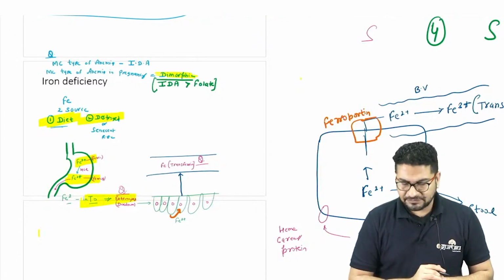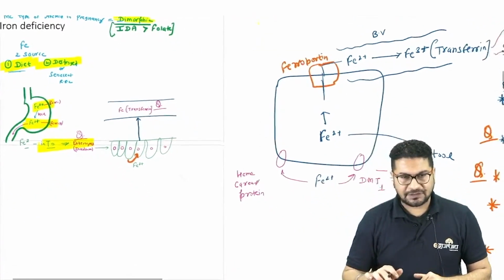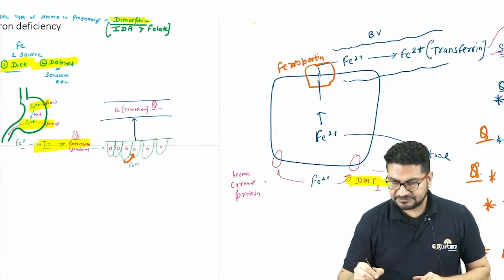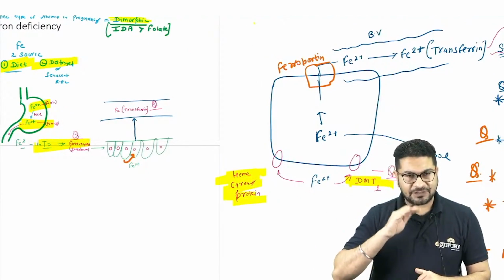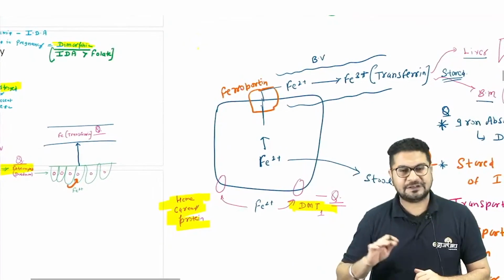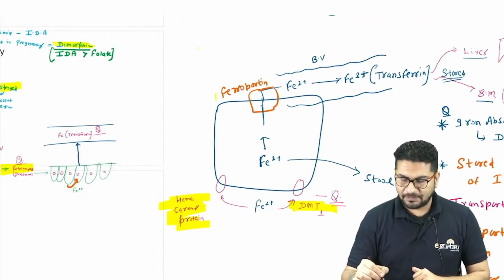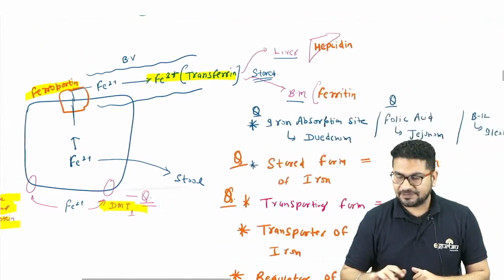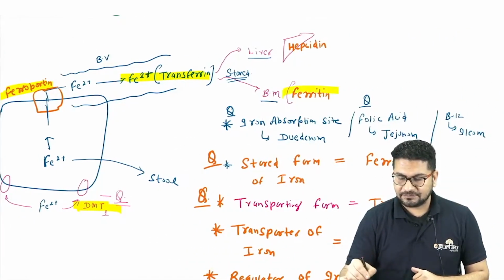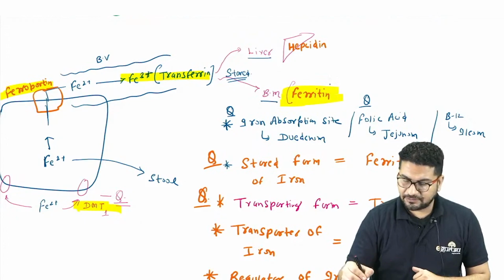In the duodenum we have two transporters, DMT1 and heme carrier protein. From the duodenum it goes out and reaches the blood vessel with the help of ferroportin. In the blood vessel it combines with transferrin, and ultimately it is stored in the form of ferritin. We have a key regulator, and that key regulator is hepcidin.